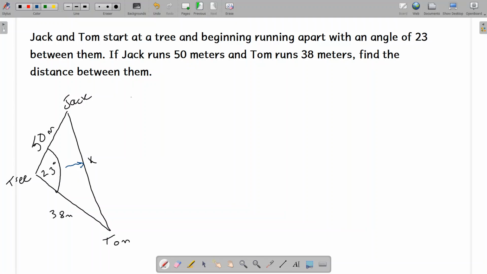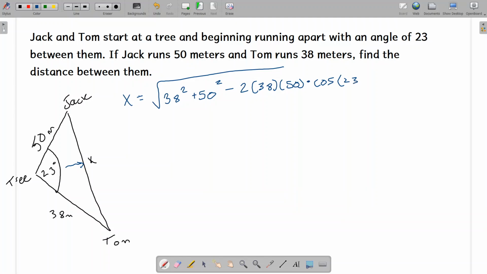So x is going to be equal to the square root of 38 squared plus 50 squared minus 2 times 38 times 50 times cosine of 23. Okay, and once we have all that in there, again, we can just grab our calculator, type it in, and we find that Jack and Tom are now 21 meters apart.